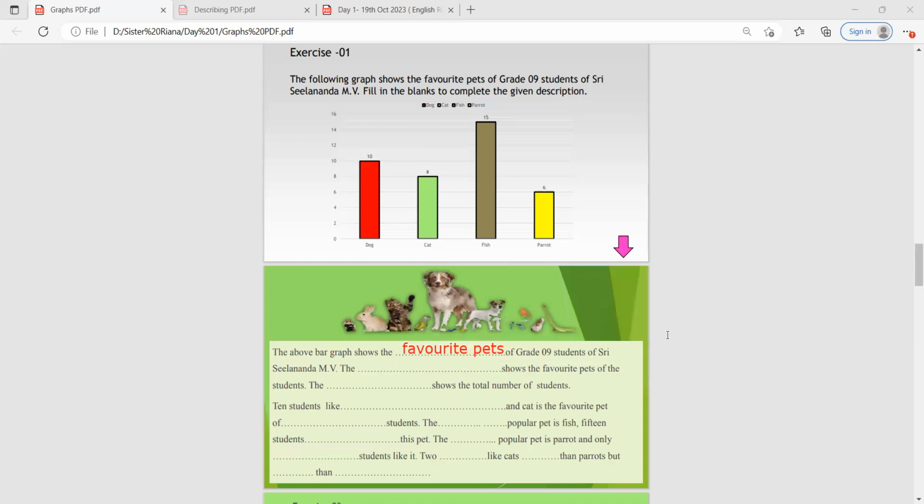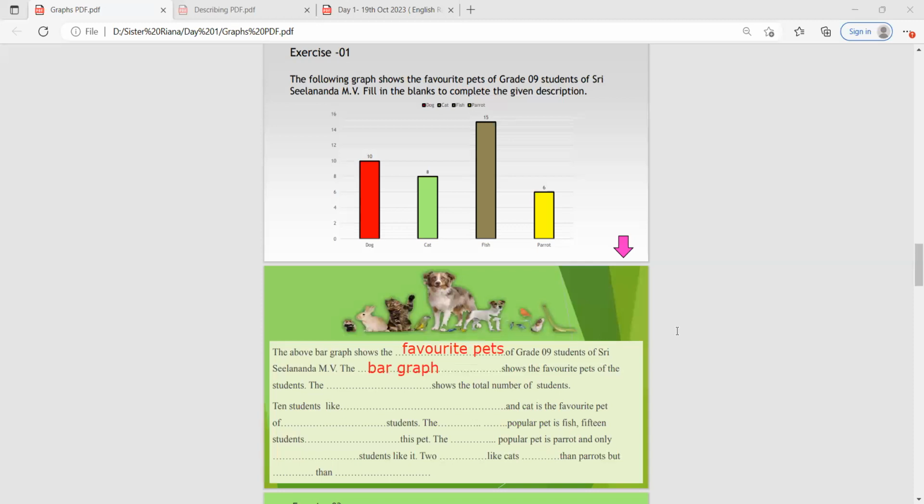Now this is a bar chart, so therefore you have to say the bar chart shows, or bar graph shows, the favorite pets of the students, right?